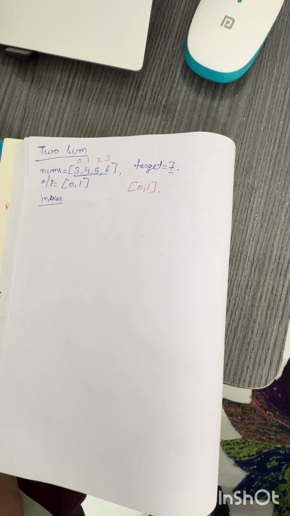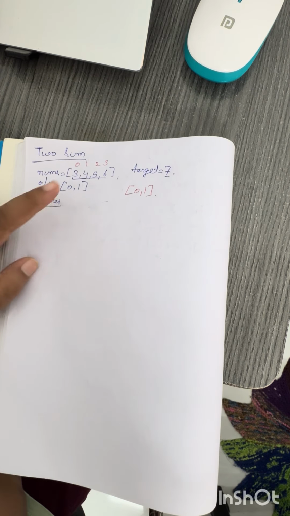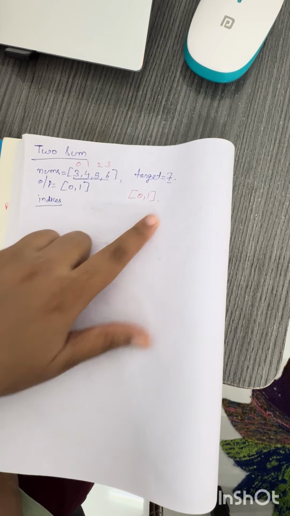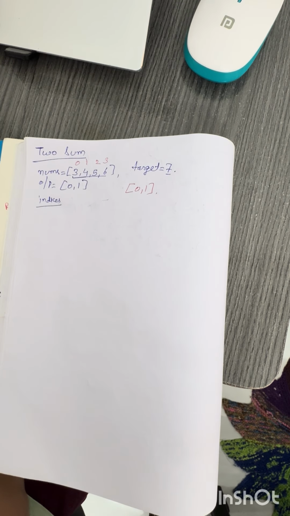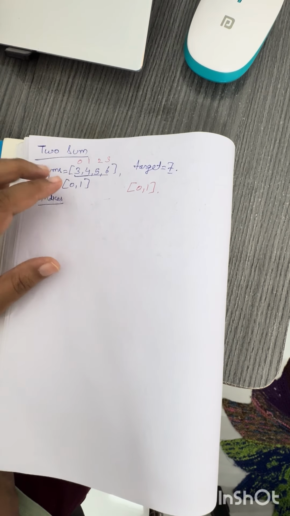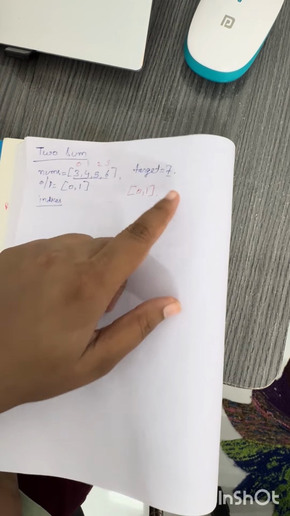So in this we have been given an array of integers and an integer target. Suppose in this case it is 7 and the given array is this. So we need to return the indices i and j such that nums of i plus nums of j, that is two values inside this array, will sum up to the target.